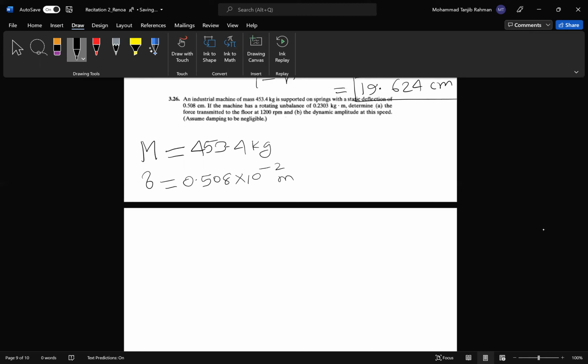Also, we are given a rotating unbalance m e is equal to 0.2303 kg meter, and omega is given as 1200 RPM. If I express it in radian per second, it would be 125.6 radian per second.